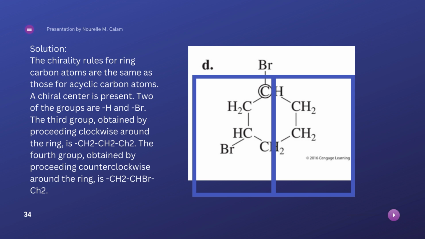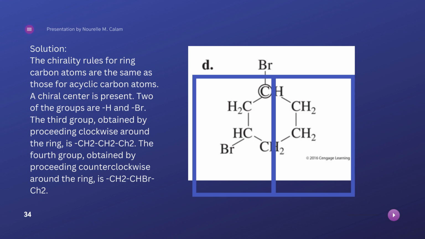So again, mao ang imong third na group. Your fourth group would be obtained by proceeding counterclockwise around the ring. So the fourth group would be a CH2, CH, Br, and CH2.